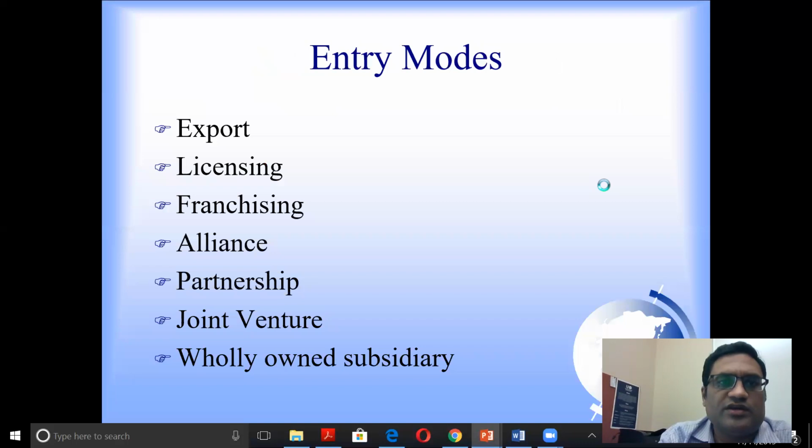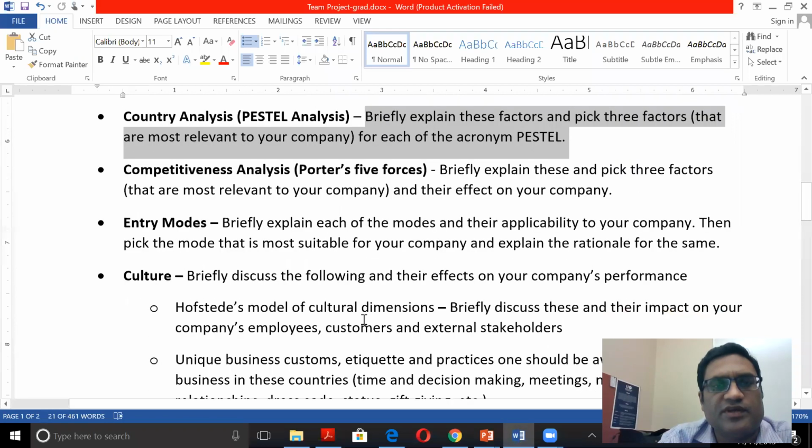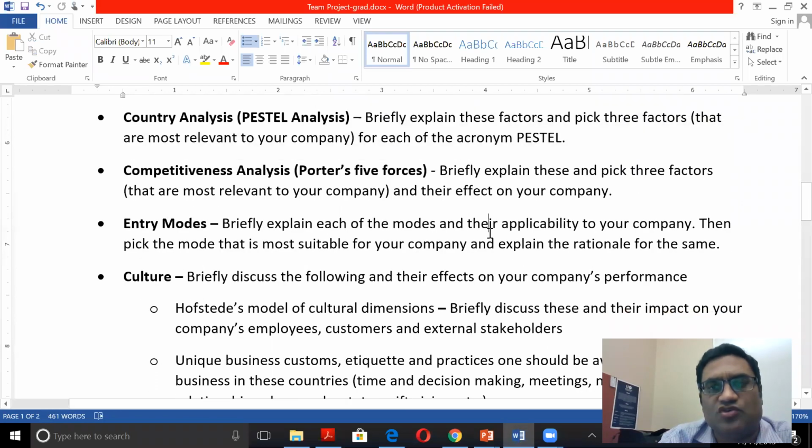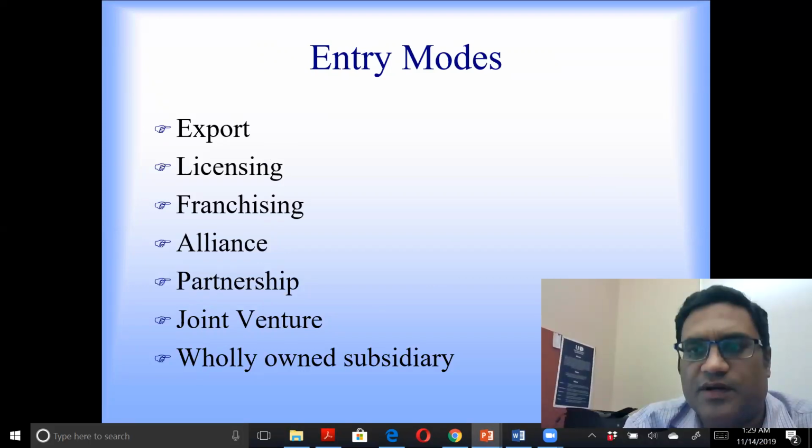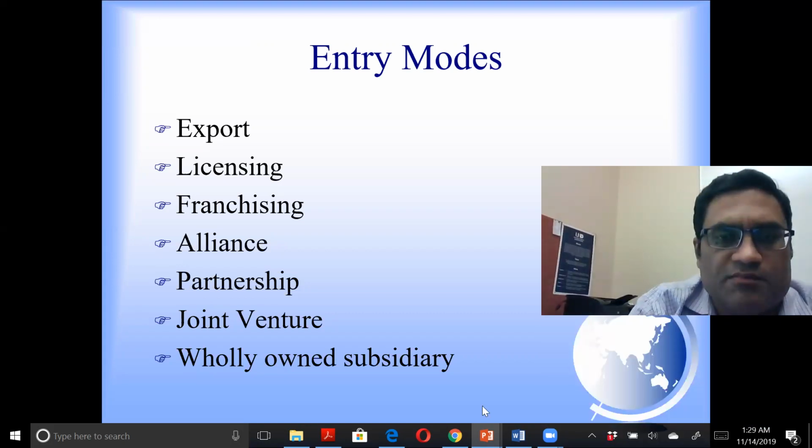The next one is entry mode. Briefly explain what these entry modes are and see if they are applicable to you or not. Let me show you over here. See, briefly explain each of the modes and their applicability to your company. Then pick the mode that is most suitable and explain the rationale for the same. So let's go back over here. Let's say I tell you what these modes are, and because of government restrictions, I cannot have my own hospital there.